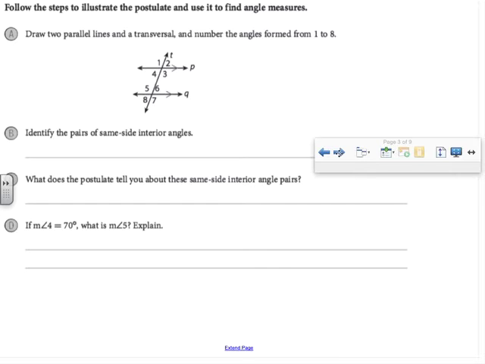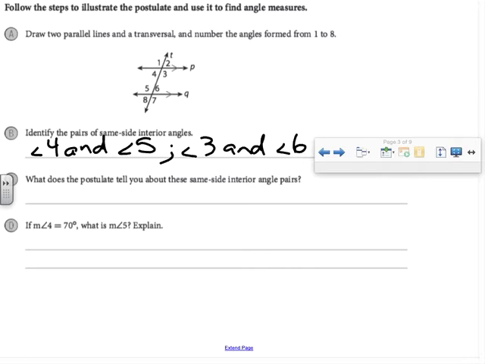In this example, we're being asked to follow the steps to illustrate the postulate and use it to find angle measures. So we have these parallel lines and the transversal and the angles numbered from 1 to 8. Part B, identify the pairs of same side interior angles. That's angle 4 and angle 5, and angle 3 and angle 6.